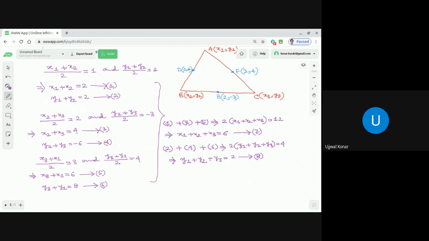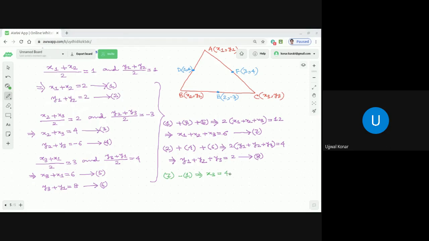We are going to find the value of x1. So equation number 7, let me use a different color so that you can find the difference here. Equation number 7 minus equation number 1. Equation number 7 is x1 plus x2 plus x3, and equation number 1 is x1 plus x2. So from here we can find the value of x3 now. x3 is equal to 6 minus 2, that is 4.